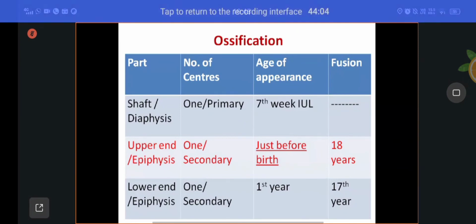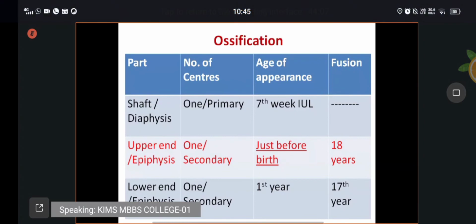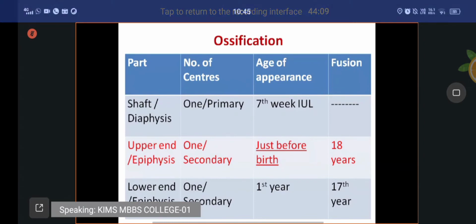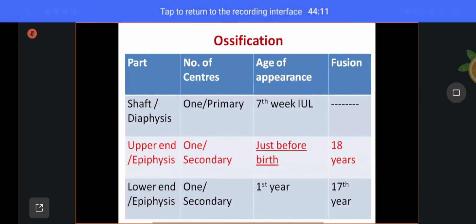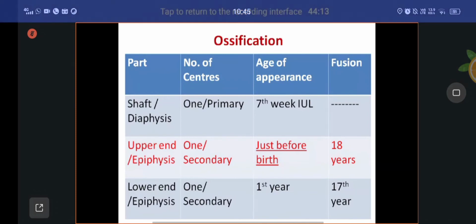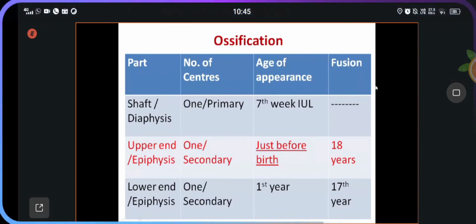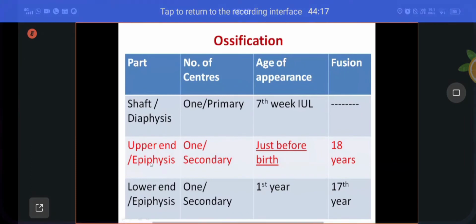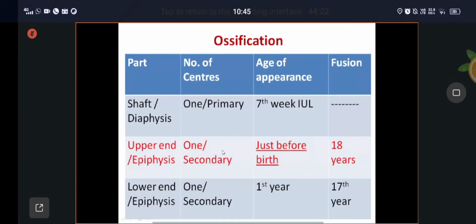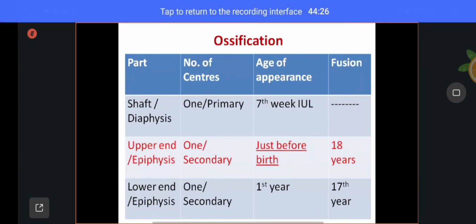The 7th week of intrauterine life. This is fixed. These are called laws of ossification. The primary ossification center develops before birth. That means the shaft and the body, the main part of the bone, develops before birth. The upper end or epiphysis develops from only one secondary ossification center.